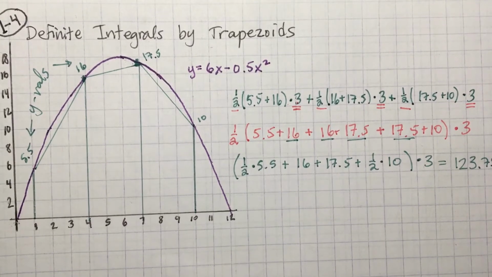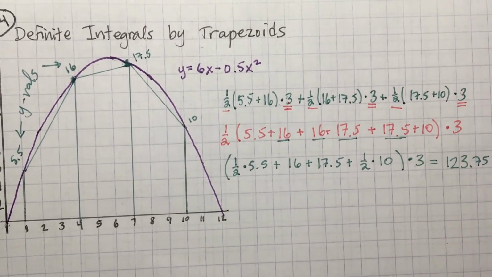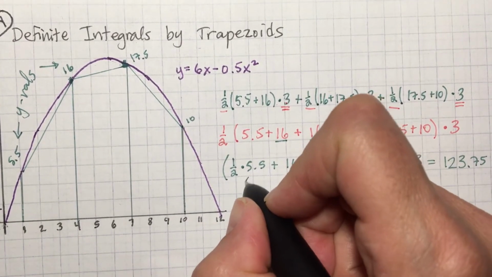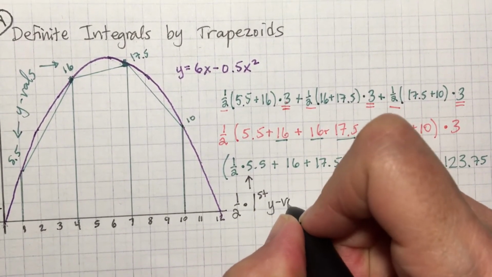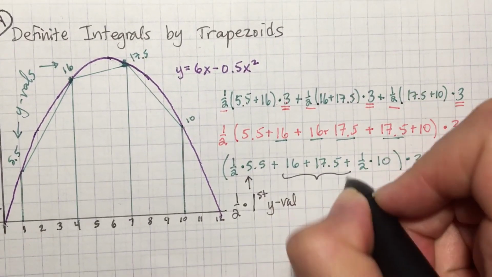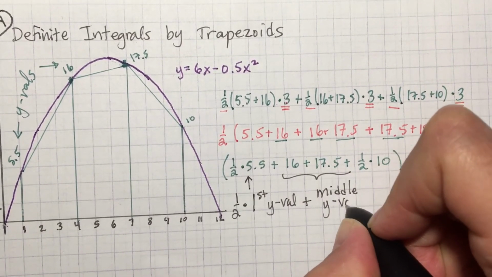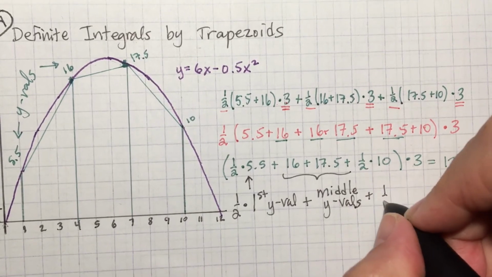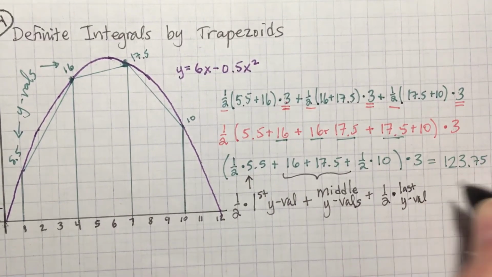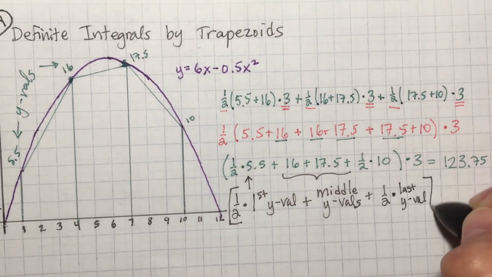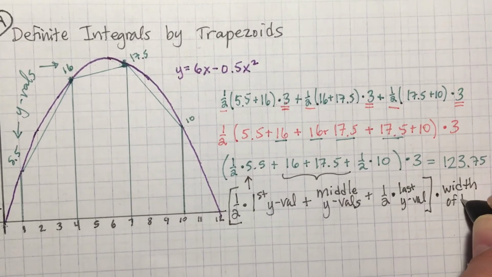So our big shortcut that's going to make our life easier is half of the first y value, plus the middle y values, plus half of the last y value, all of this multiplied by the width of the trapezoid, or the strip.